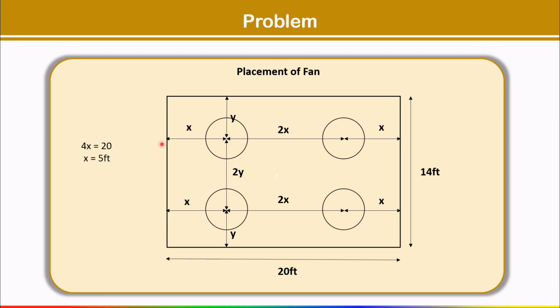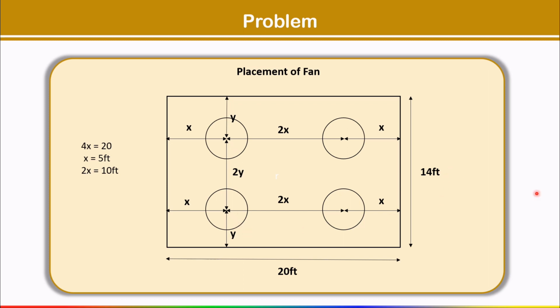It means from the wall to the center of the first fan we have to maintain 5 feet. Same way 2x is 10 feet, meaning from fan to fan we have to maintain 10 feet distance. Same way you calculate the y and 2y values. So y plus 2y plus y, 4y is equal to 14.